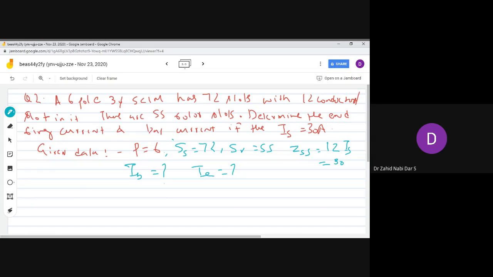Now in order to get the turns, 72 into 12 divided by 6. That would be 72 into 2, so the number of turns you got is 144.